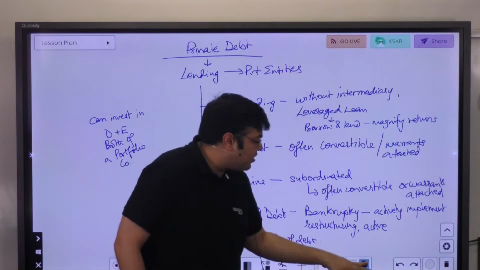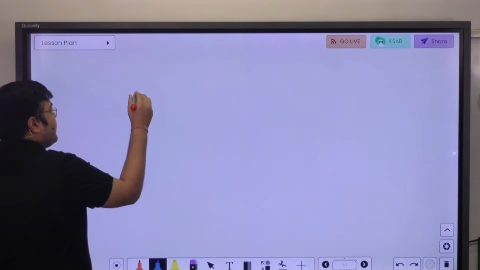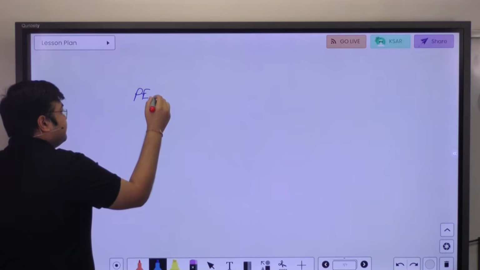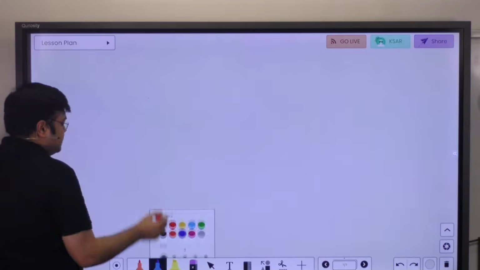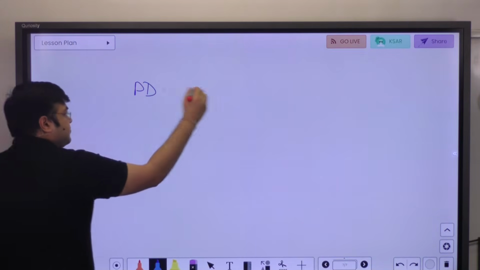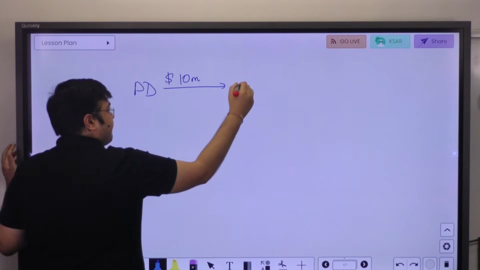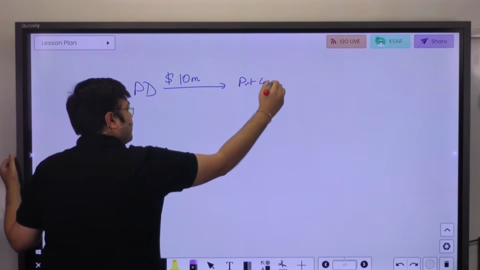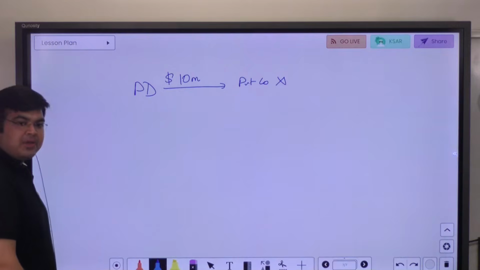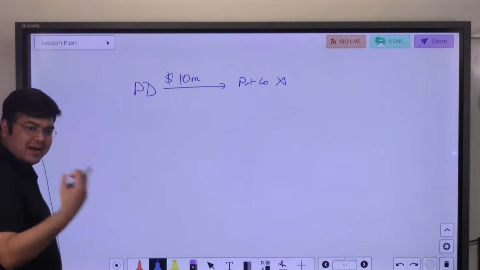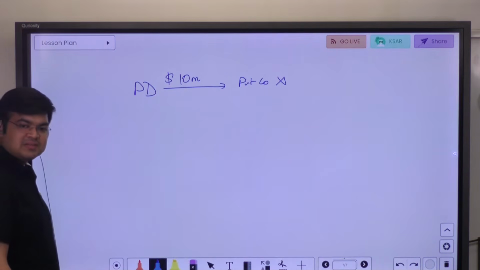Let me do a sum and explain to you what a leveraged loan is and how does it work. Say for example, a private debt firm lends $10 million to a private company X. Normally, when you're looking at public debt, if people invest in bonds and all, let's say the rate of return would be somewhere close to 7% or so.